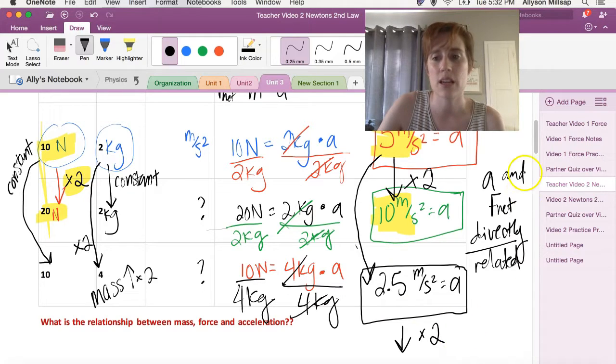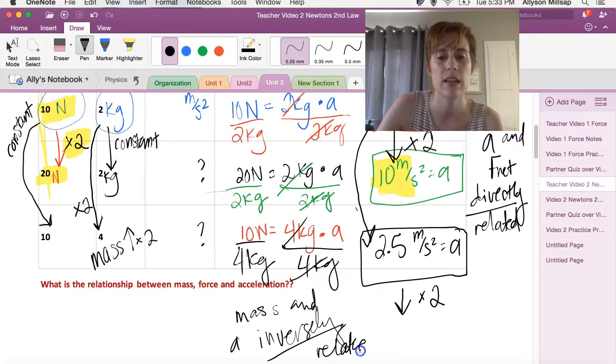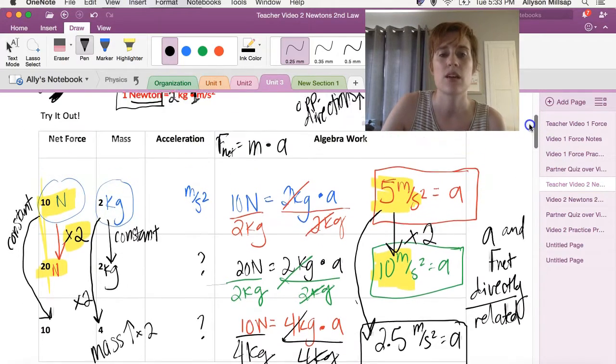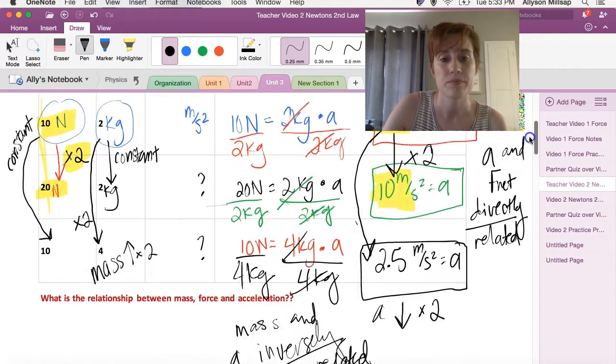So this tells me that mass and acceleration are inversely related. Okay, they're inversely related because when mass goes up, acceleration goes down. Okay, so that is a quick, easy mathematical test to prove Newton's second law of motion.